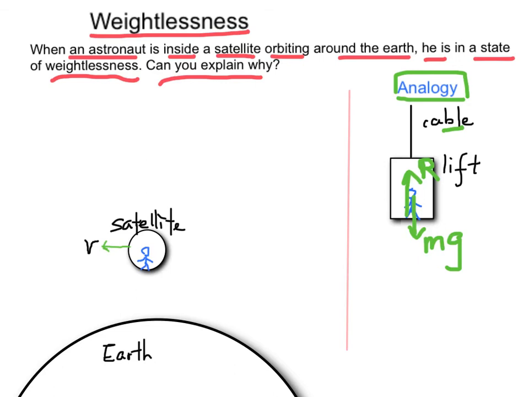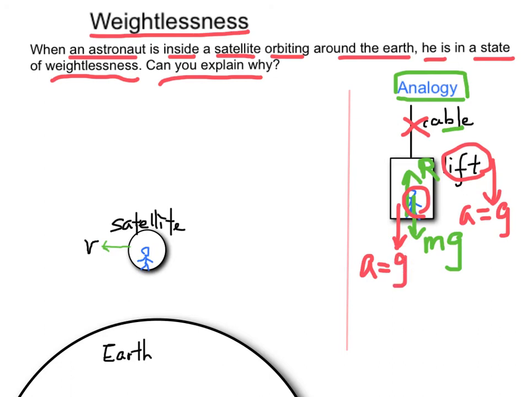If the cable is broken, the lift and the man fall with the same acceleration, which is equal to the acceleration due to gravity. In this case, the net force acting on the man is mg minus R, which is equal to ma.